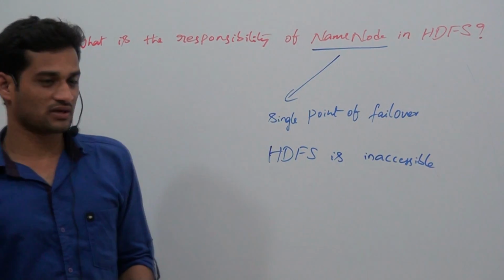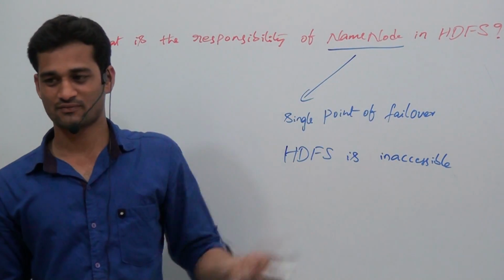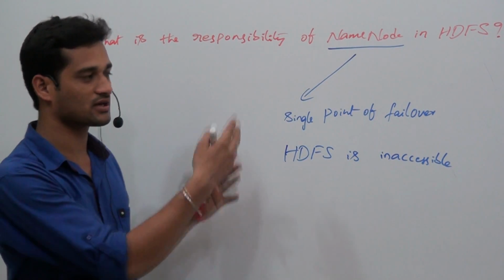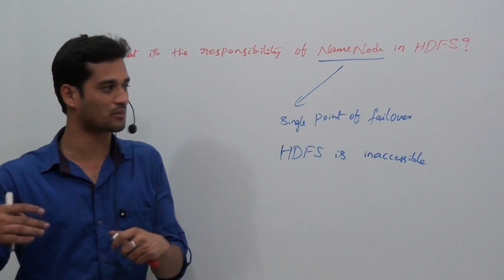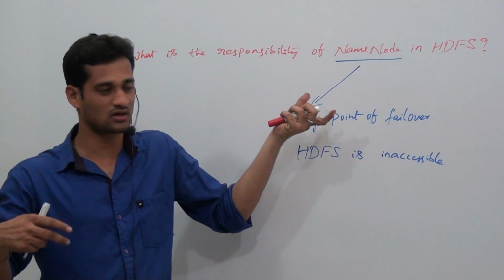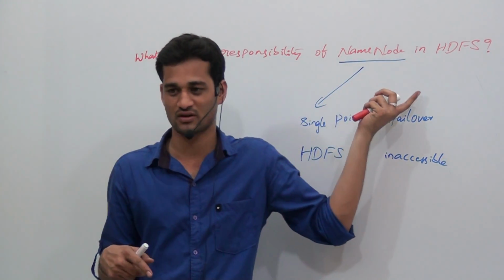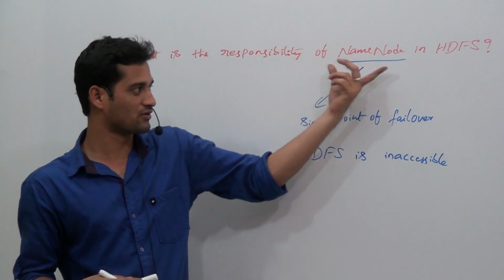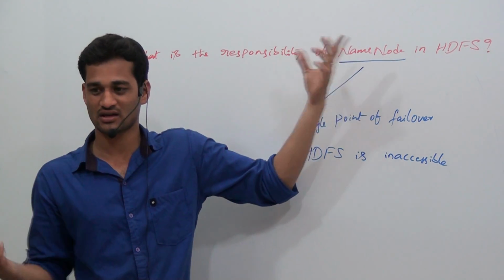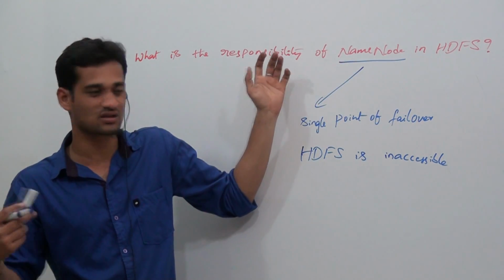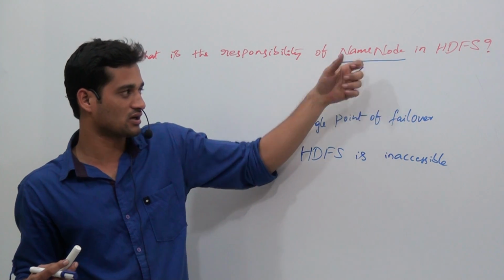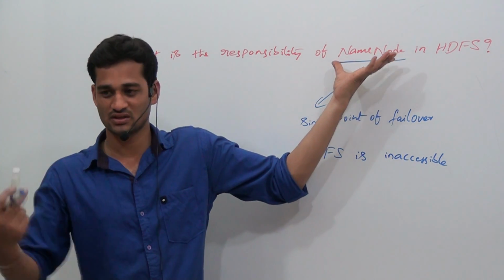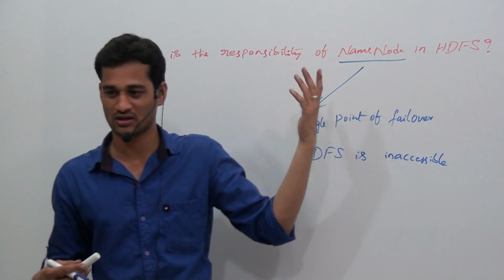Because if the name node goes down, definitely we are not going to have metadata. If there is no metadata, how can the job tracker contact the name node and submit its job, and how is it going to assign different tasks to different task trackers? It is not at all possible. Even the client cannot store data, because the client initially passes a request to the name node to get details about the data nodes where there is free space.